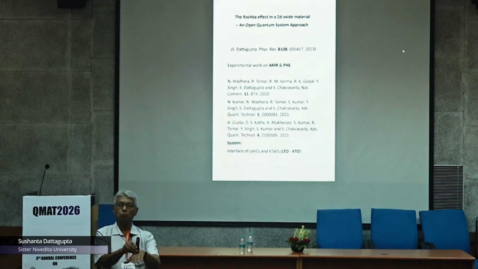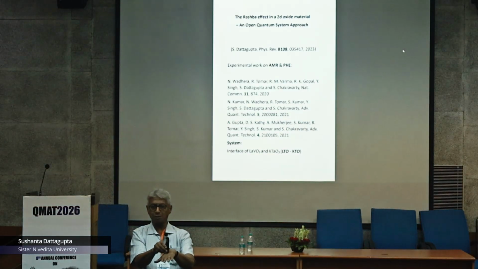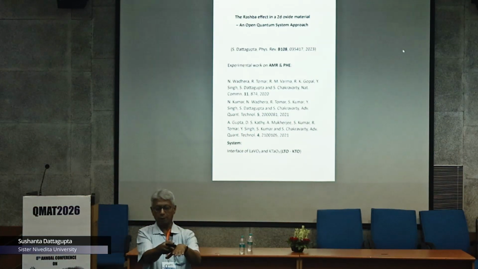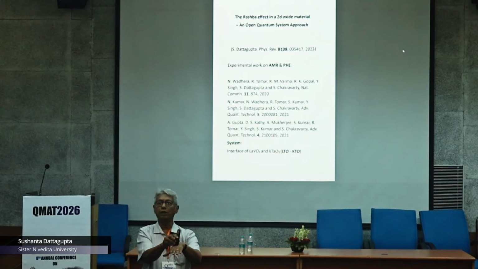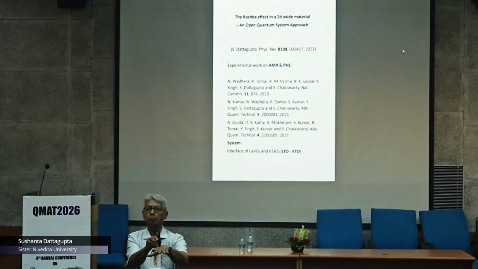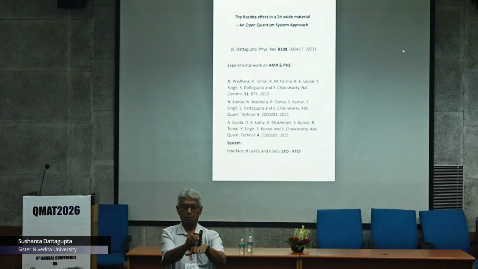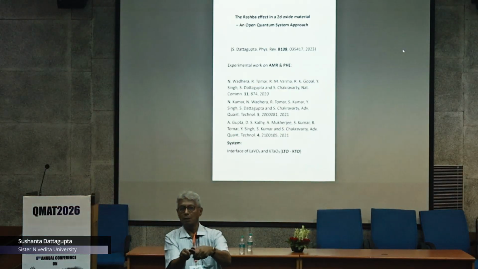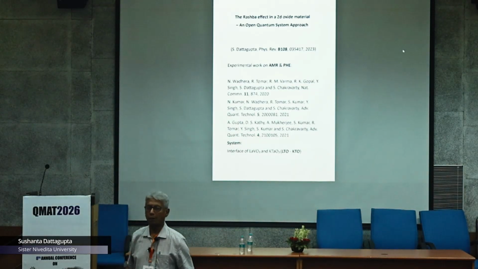So I'm going to only focus, for simplicity of the presentation within 25 minutes, on the work done by Shubhankar and company, where the magnetic field is also in the plane of the oxide layer. So the co-latitude angle theta is 90 degrees, but you can rotate the angle phi.